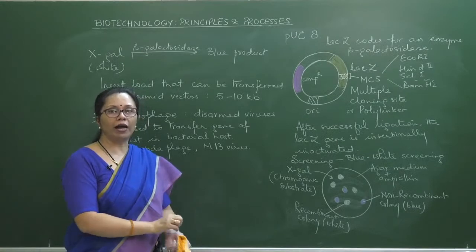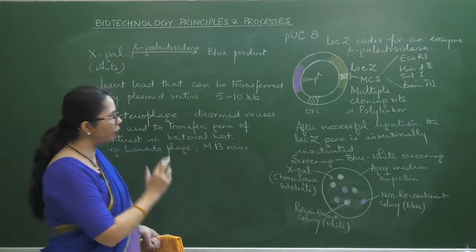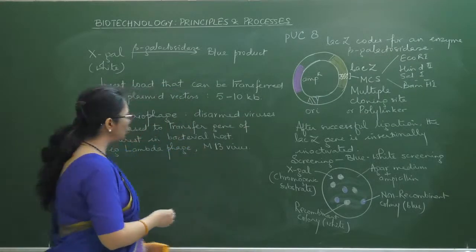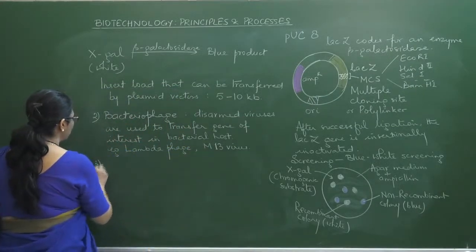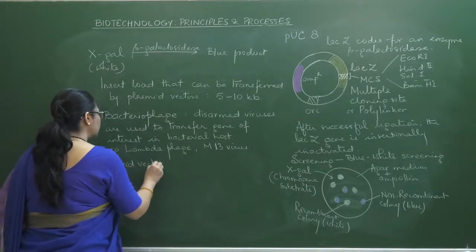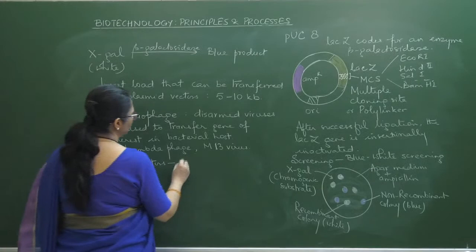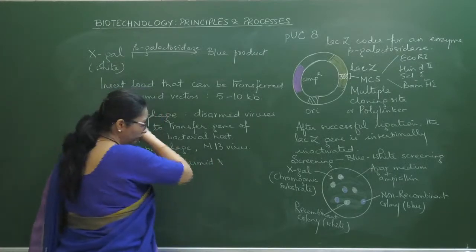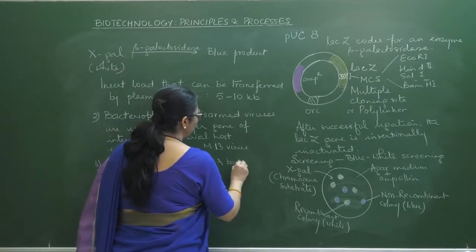We have some hybrid vectors where we have combined the plasmid and bacteriophage DNA together. So those are called hybrid vectors, in which plasmid and bacteriophage DNA are combined.